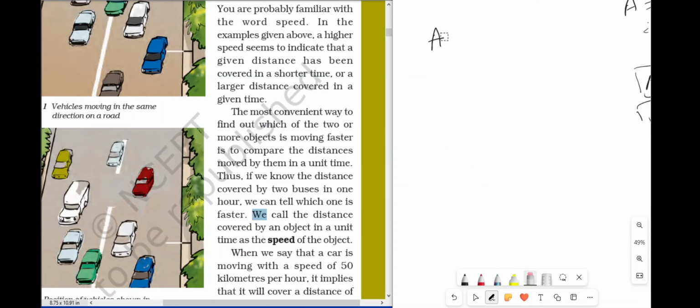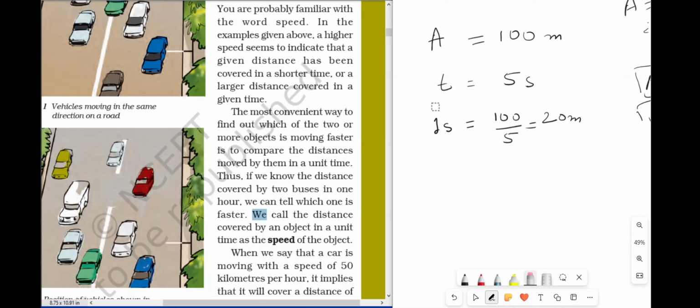So let's say we have A, it goes 100 meters and the time it takes to go 100 meters is 5 seconds. So how much will it travel in 1 second? In 1 second, it will go 100 divided by 5, which is 20 meters.